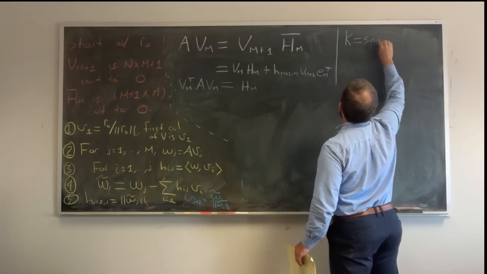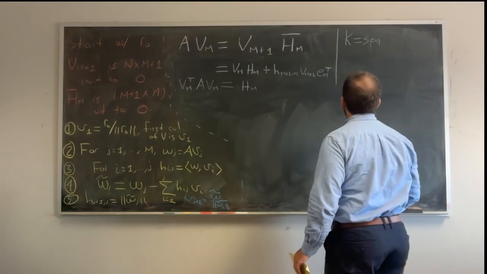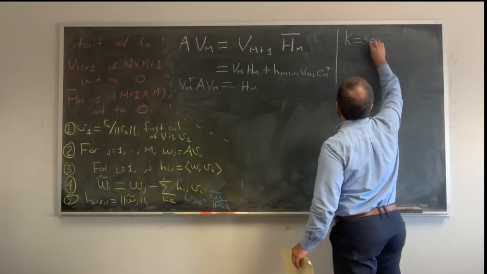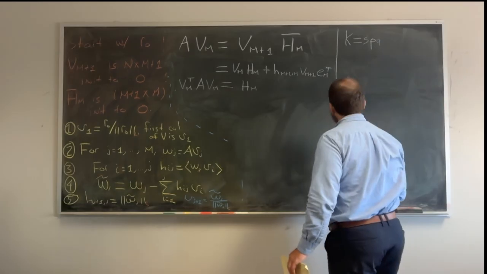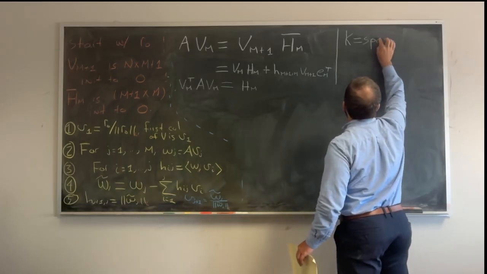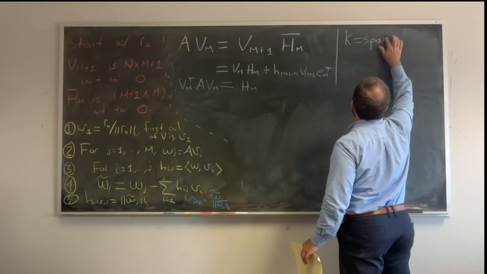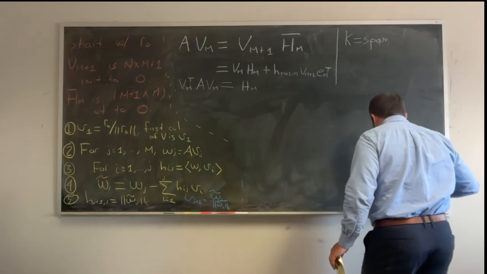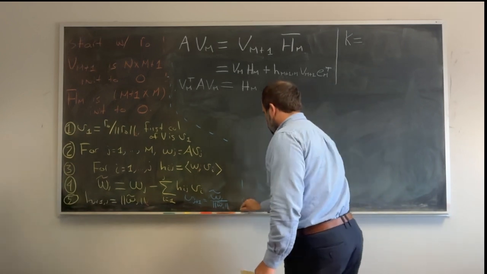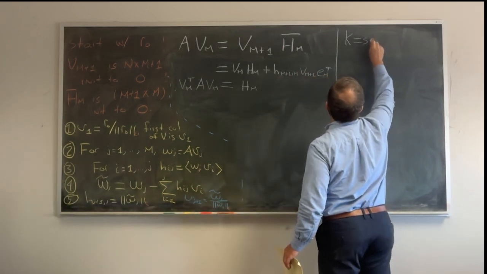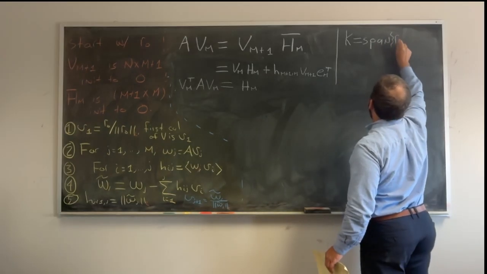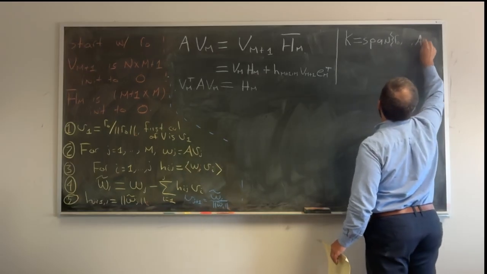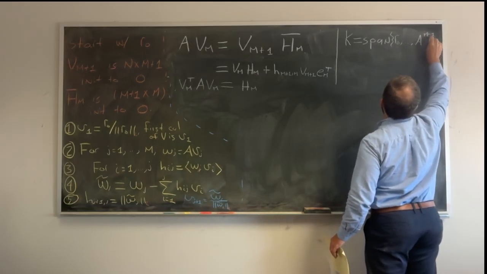So it's going to be the span of the following: the span of r naught up to A^(m-1) r naught.